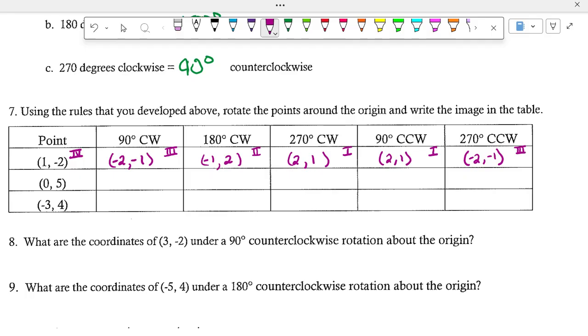Think about what quadrant the point is in originally, and then go in the direction they want.